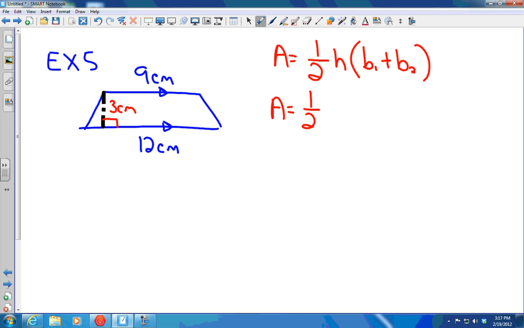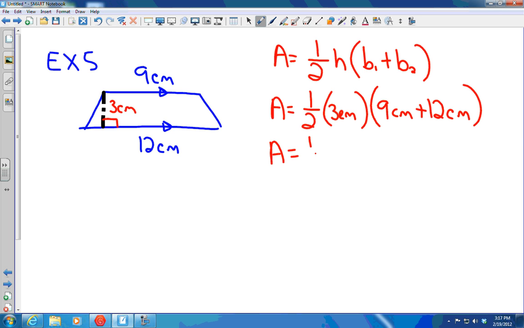So we have everything we need here. 1/2 height, which is 3 centimeters, times base 1 plus base 2, which is 9 centimeters plus 12 centimeters. So now we have 1/2 times 3 centimeters, and 9 and 12 is 21.